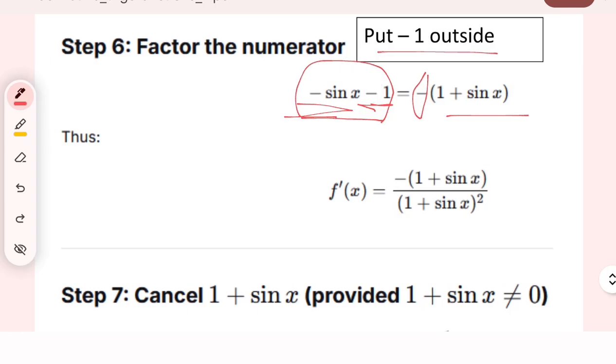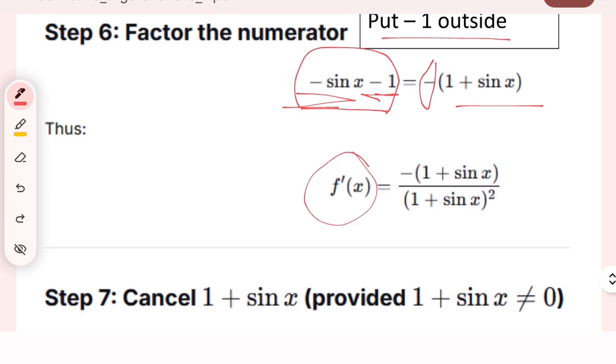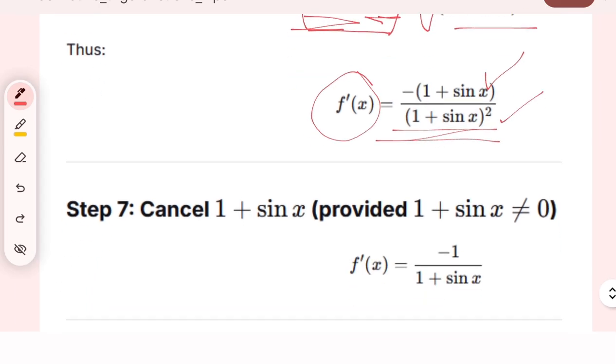So what happens there is that the derivative of f(x) would be negative 1 plus sine x divided by 1 plus sine x squared. Remember, this is v squared in the quotient rule. So this is our numerator divided by the denominator, right?